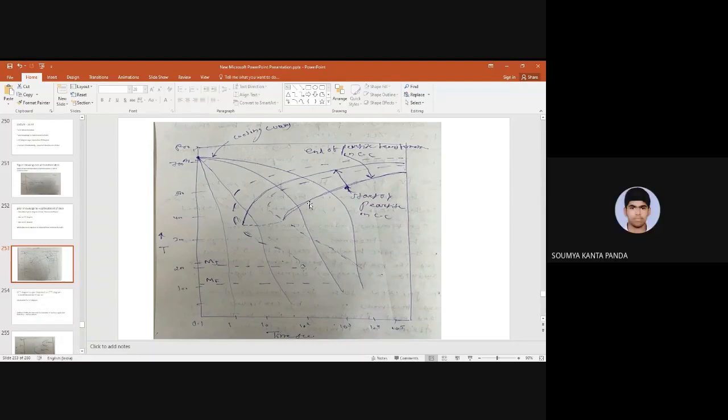Sir, if we take out the sample from the salt bath and keep it at room temperature, the final temperature is the room temperature, which is constant. So it should be isothermal. Why is it constant? No, you people are getting confused. What is the need of using a salt bath? The salt bath has a constant temperature with time also.